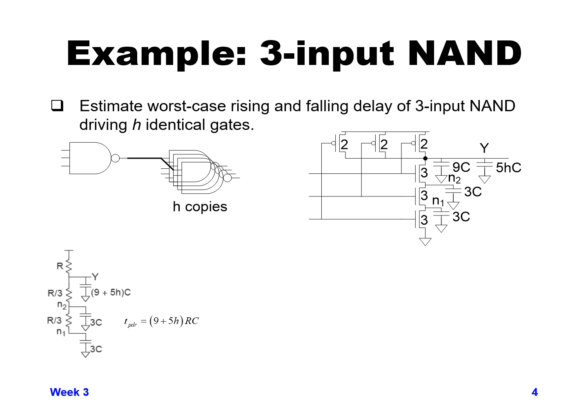Now let's look at the same thing for the falling propagation delay. In this case, all of the PMOS transistors are turned off, so there is no connection at all up to VCC. The 3 NMOS transistors are connected and turned on, so we have at the output a (9 + 5H) times C, but then for each intermediate node, we have a 3C factor.